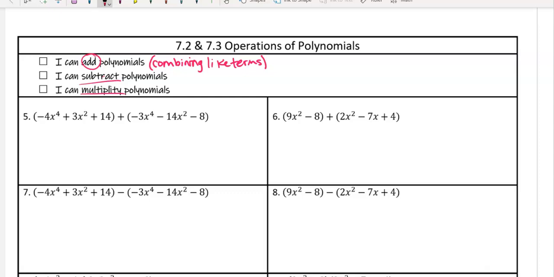When we subtract polynomials, the main idea here is to change the signs, but not all the signs. We're just changing the signs of the second set of parentheses, and then combining our like terms.